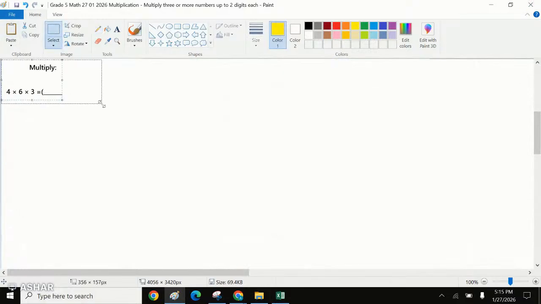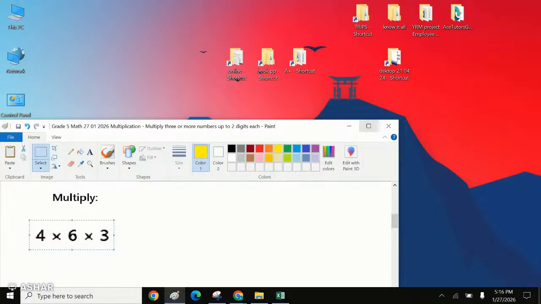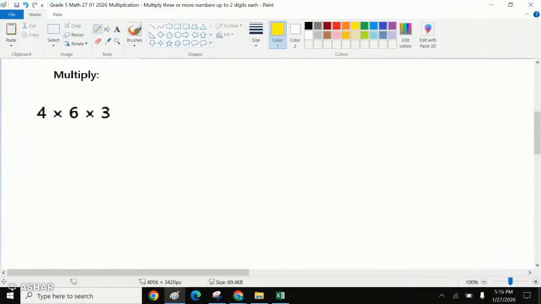Okay, if this is our question number 10, it says multiply 4 multiplied by 6 multiplied by 3. So let's multiply these numbers together.